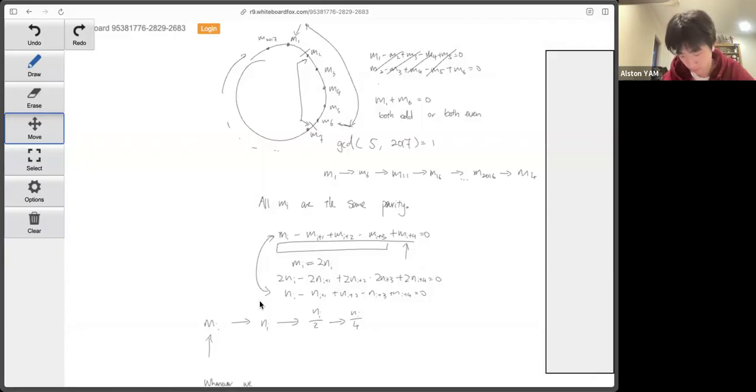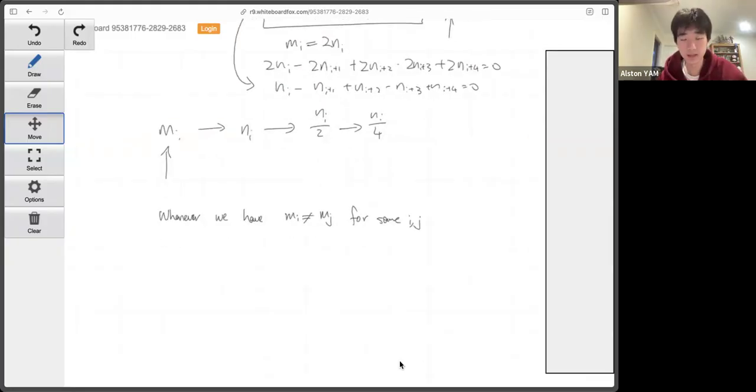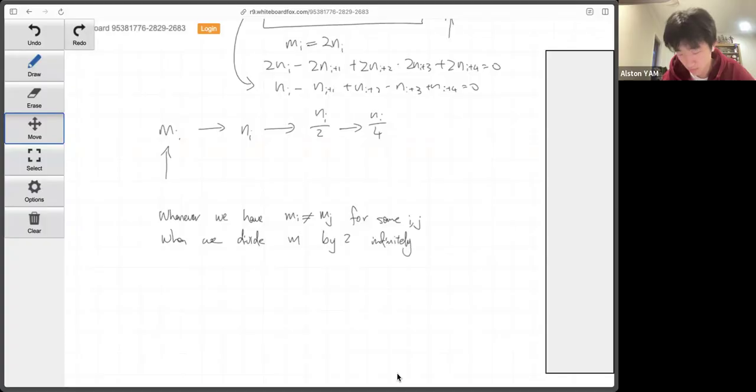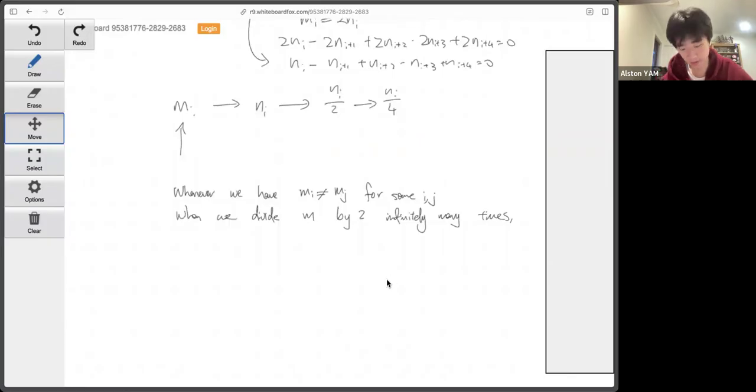Whenever we have mi not equal to mj for some i, j, we just have that when we divide m by 2 infinitely many times, we will end up at some kind of odd number at some point.